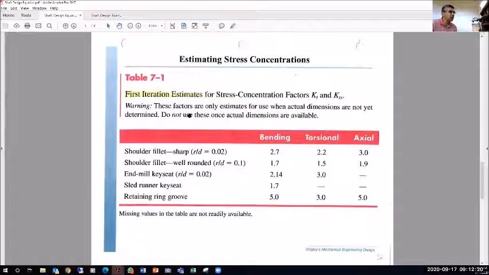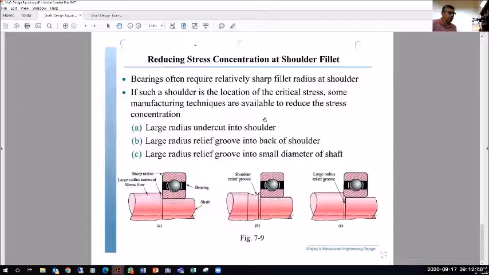And that's why here it says first iteration. So it's like a loop in a computer program where we start and then refine some of these values and keep going until we are happy, until the answer is converging. I see no longer changes in the calculated diameter based on these stress concentration factors and the SE value.